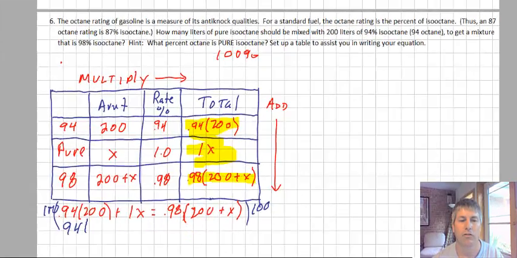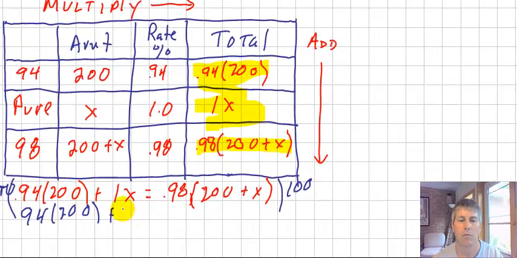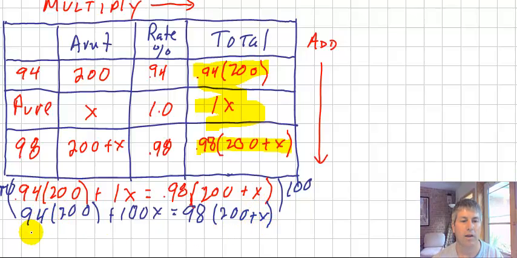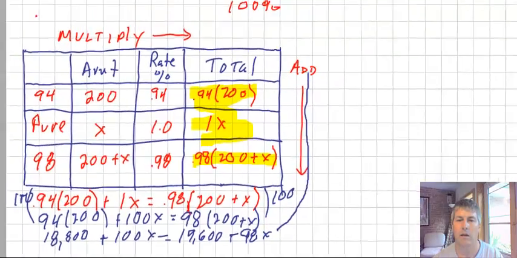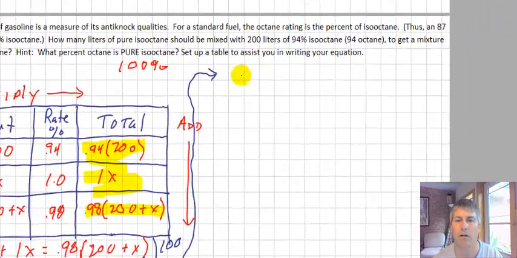So we end up with just 94 times 200 plus 100x equals 98 times 200 plus x. 94 times 200, that's 18,800 plus 100x equals 98 times 200, that's 19,600 plus 98x. And I'm just going to take this and go back up here and rewrite all this.